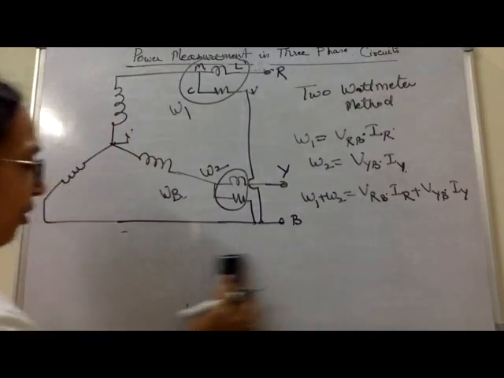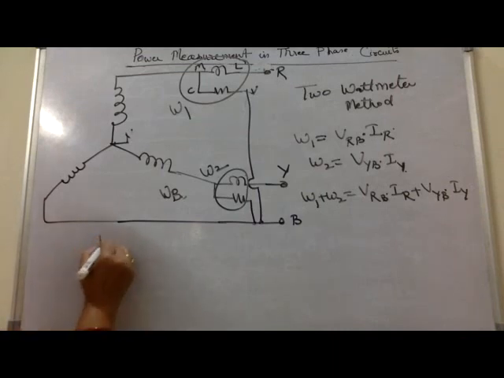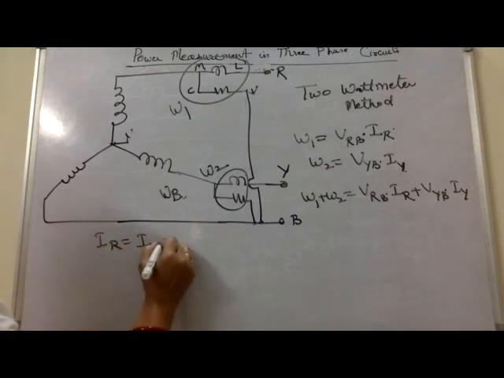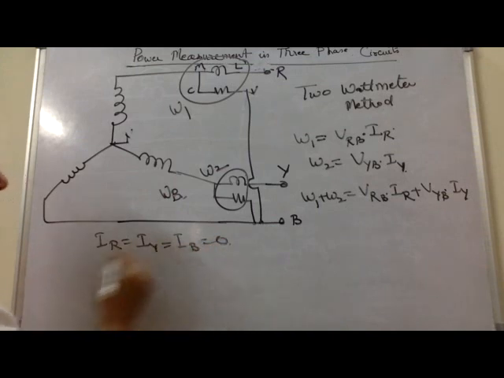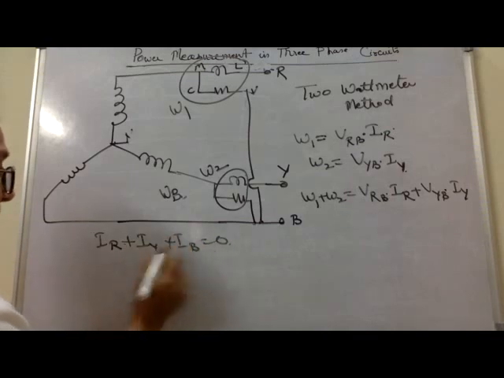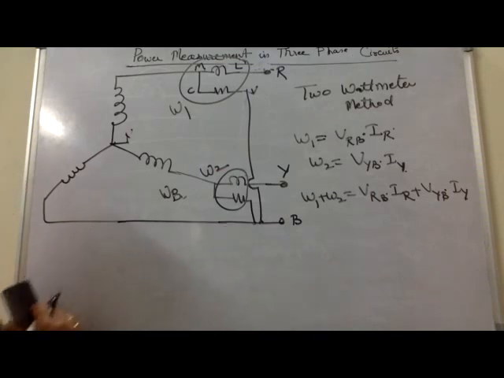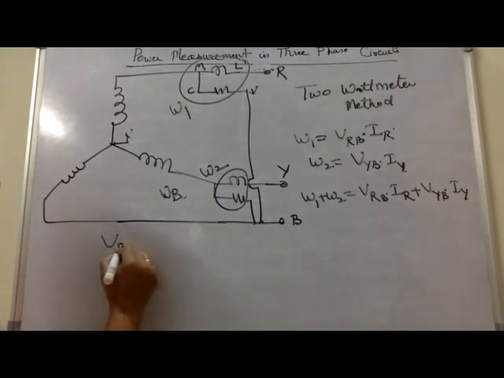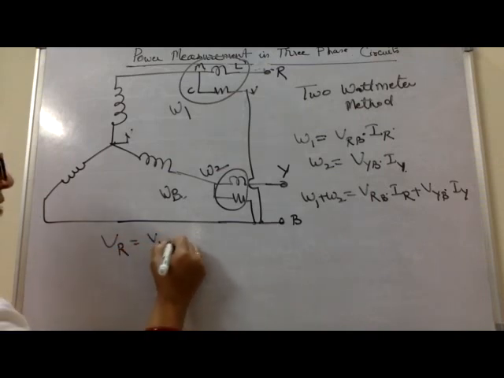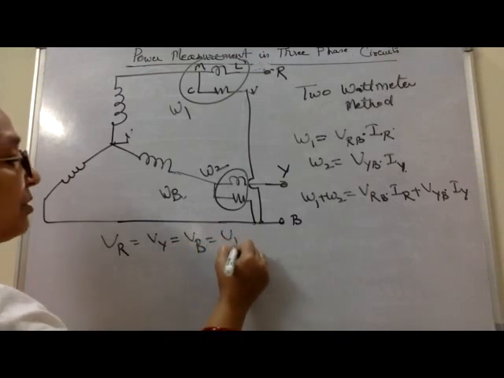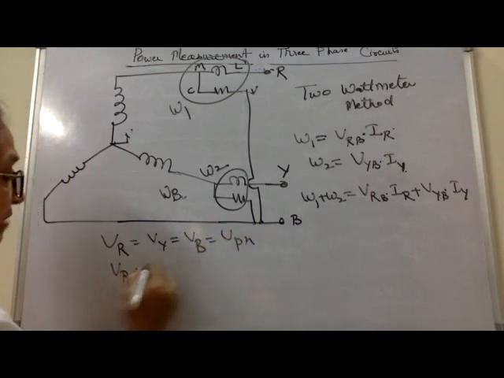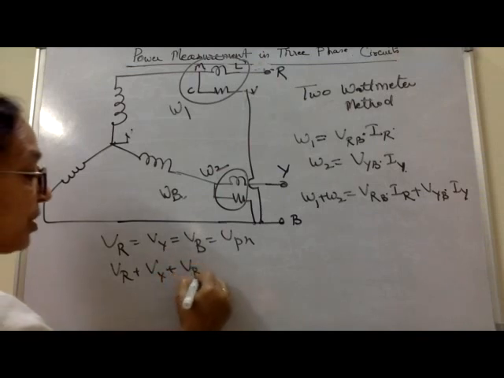So if the sum of the 3 phase currents is equal to 0, the same holds for the voltages. VR is equal to VY is equal to VB is equal to V phase, and the sum of the three voltages will also be equal to 0.